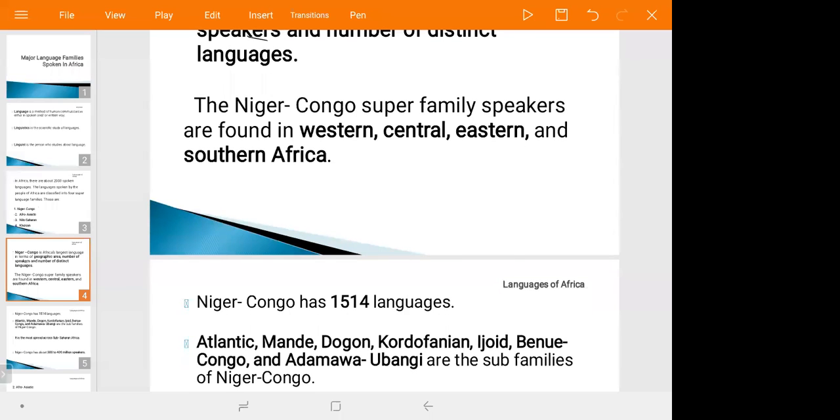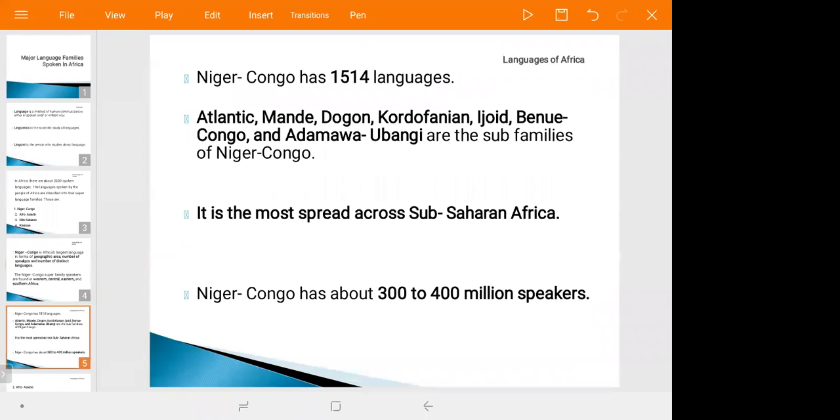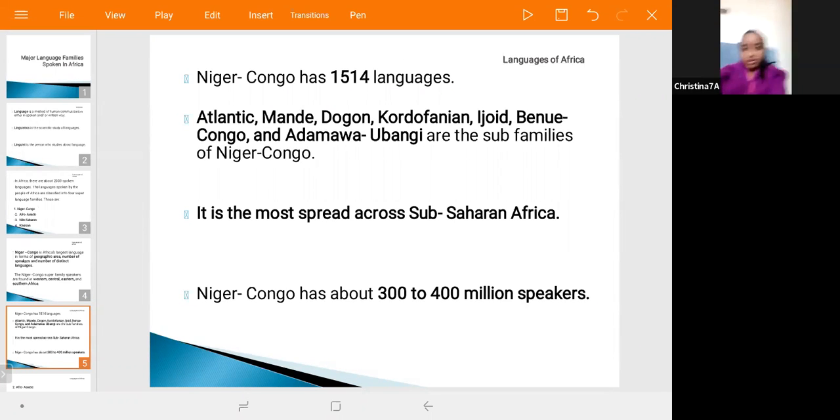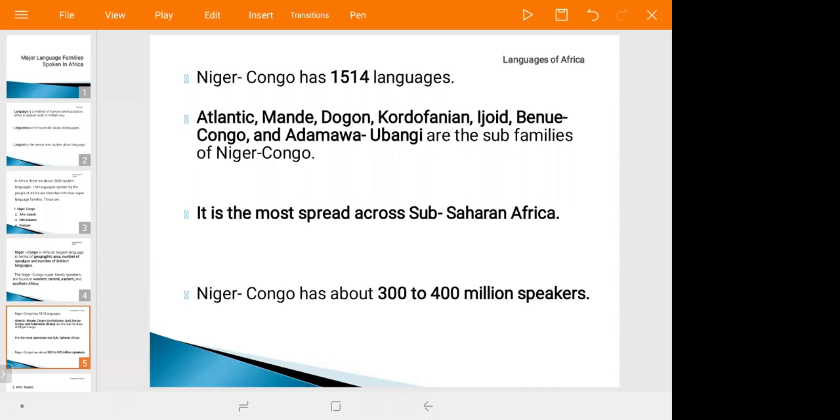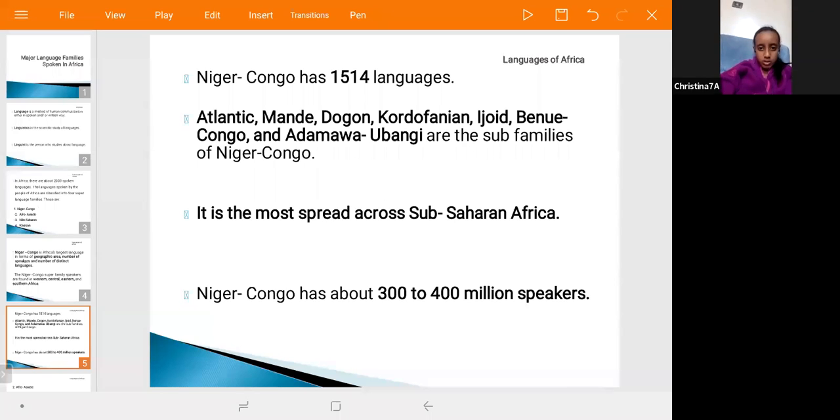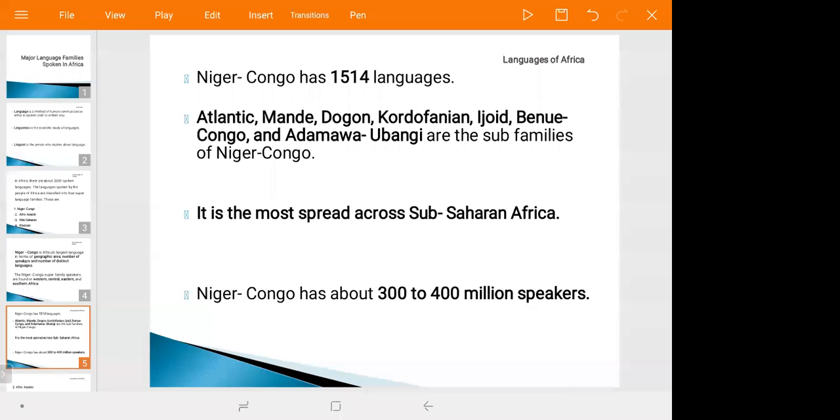And the number of languages which are under this family is 1,514. It's not the number of speakers, but the number of languages that belong to the Niger-Congo. And the major sub-branches are the Atlantic, Mande, Dogon, Kordofanian, Ijoid, Benue-Congo, Adamawa, and Ubangi.